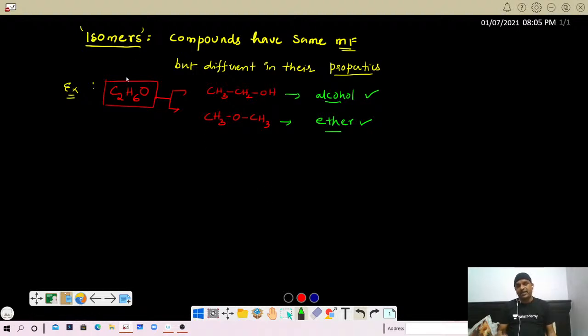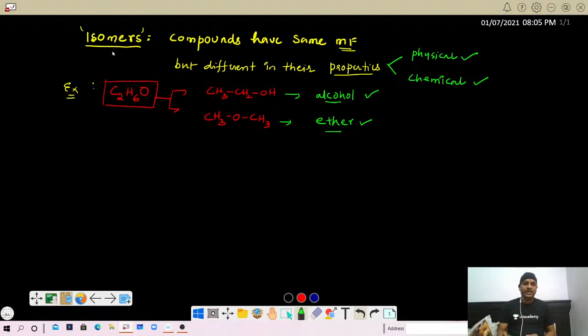So this is the basic idea: compounds have the same molecular formula but are different in their properties. You can tell the difference in terms of physical properties and chemical properties. Such compounds are called isomers.